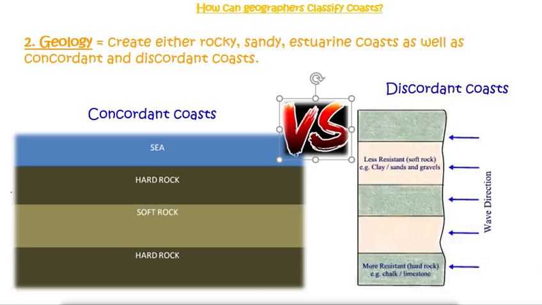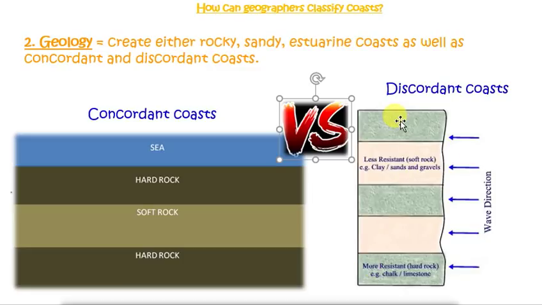On the right-hand side, if the sea is here where my cursor is, and the waves are approaching from right to left, the bands of lithology aren't parallel with the coast, but at 90 degrees to the coastline. So you could say perpendicular, right?